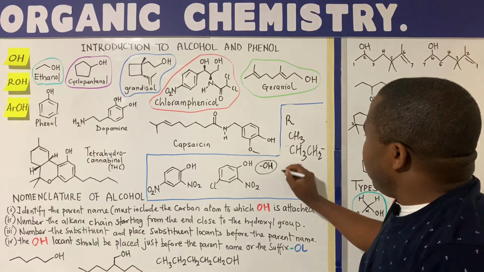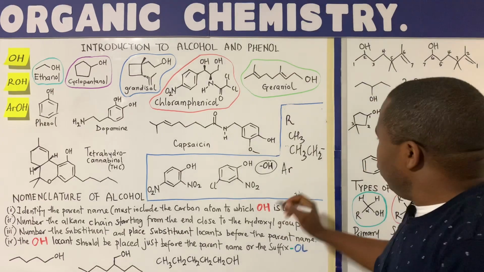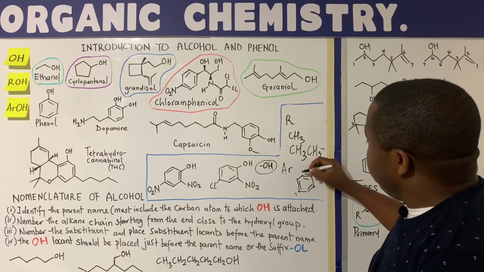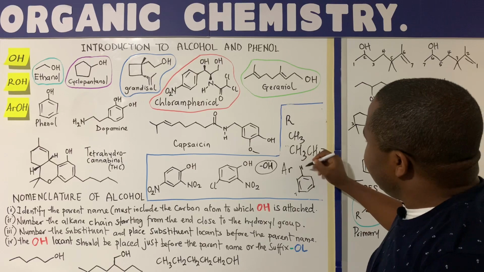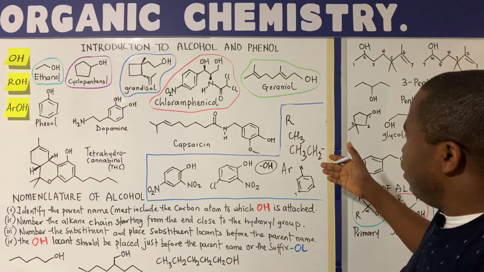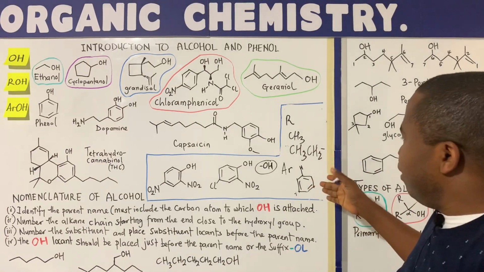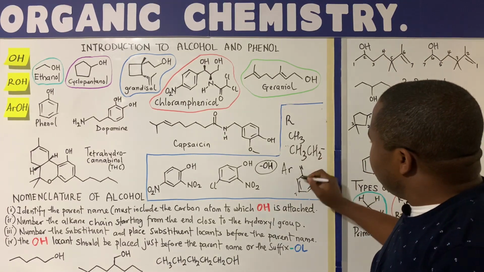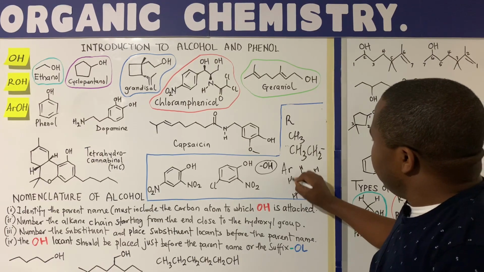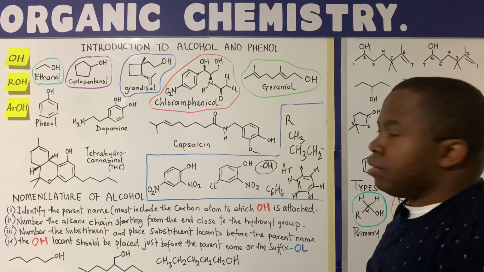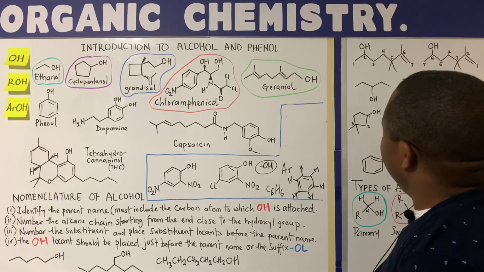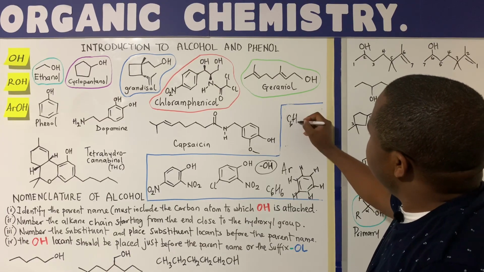And when we have the aryl group, we're basically talking about this group, the benzene group that has one of the hydrogen atoms removed, because it is serving as a substituent in this case. So instead of having the benzene, which is C6H6, we are now having C6H5.